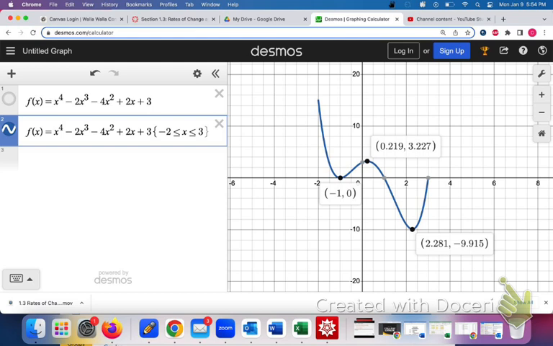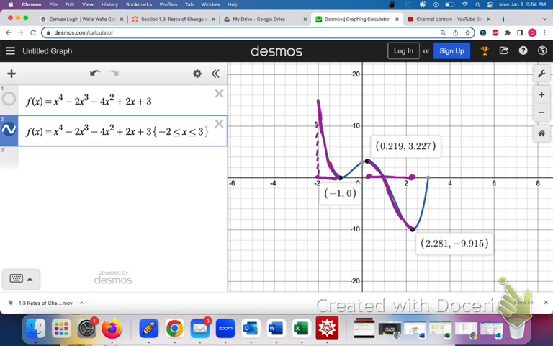Okay, so I'm going to highlight the parts of the graph where the function is decreasing in purple. And on the corresponding x-axis, I can highlight the parts of the x-axis where the function is going down.